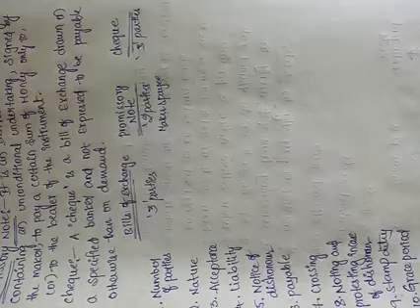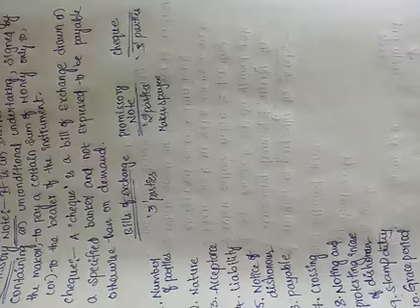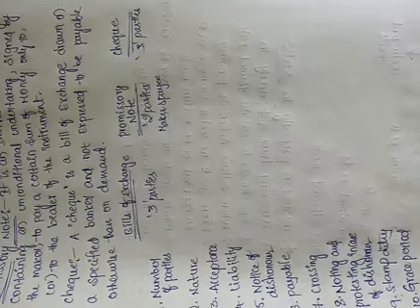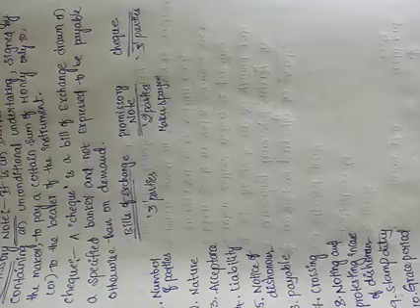Next is liability. Under the bills of exchange, the liability of the maker, that is the drawer, is conditional and secondary, arising upon non-payment by the drawee.